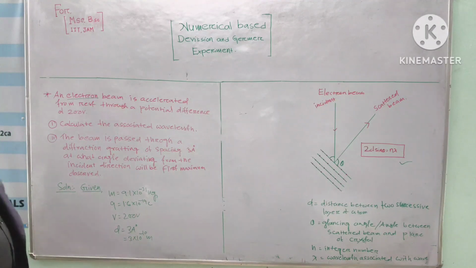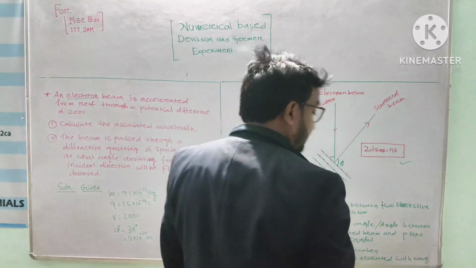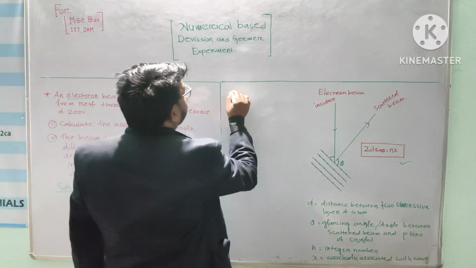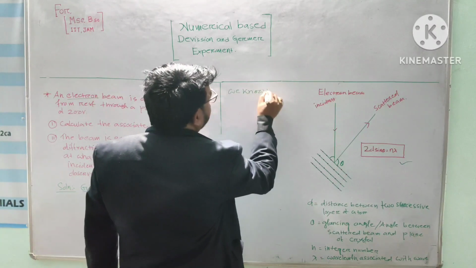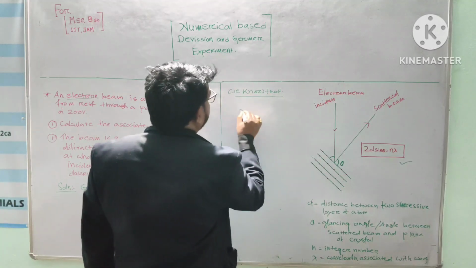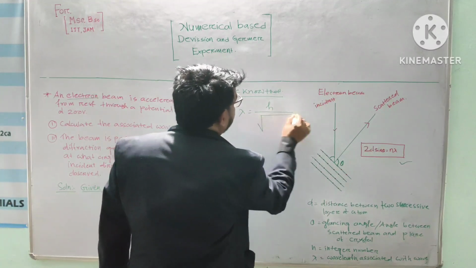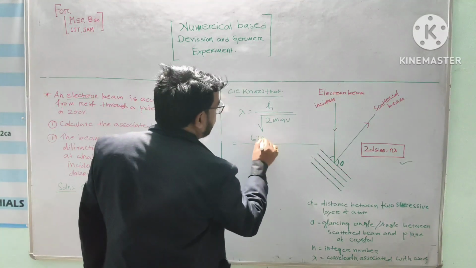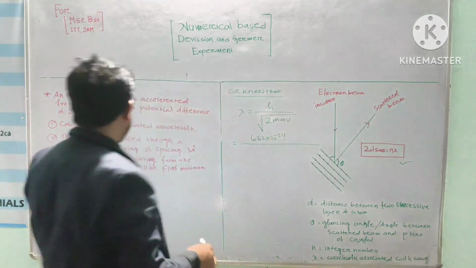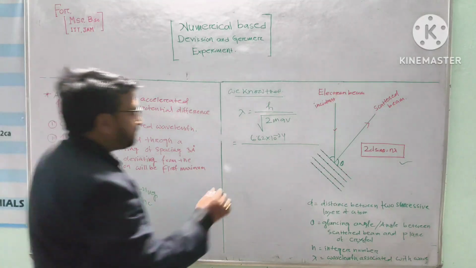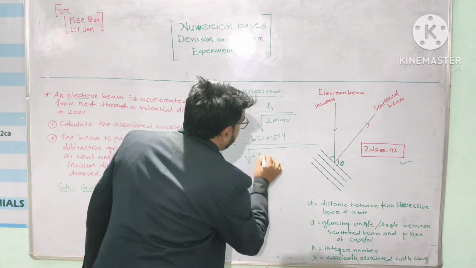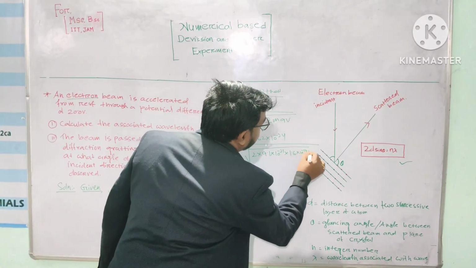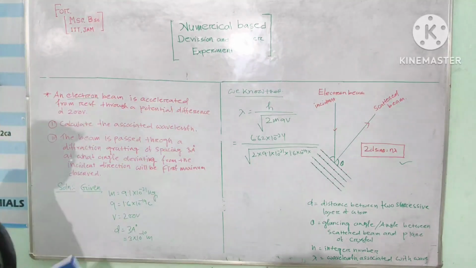Now we are going to find out the wavelength associated with electron. From the de Broglie wave equation we know that lambda equal h by under root of 2mqV. The value of h equal 6.62 into 10 to the power minus 34, and 2 into m, 9.1 into 10 to the power minus 31, into q, 1.6 into 10 to the minus 19, into V, accelerating voltage, this is equal to 200 volt.